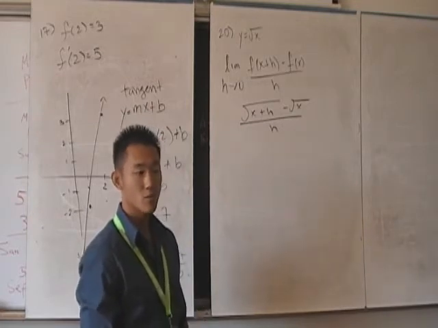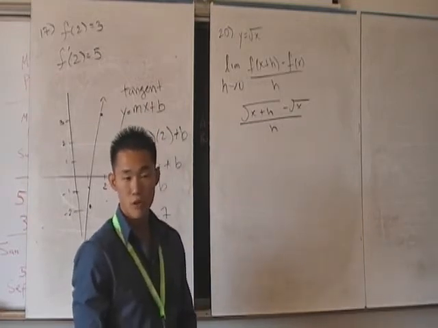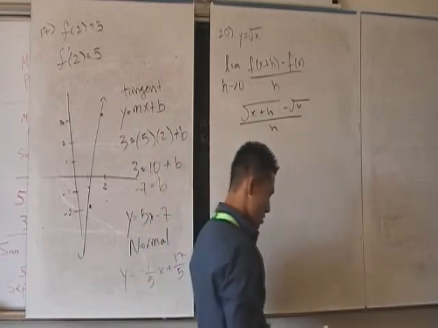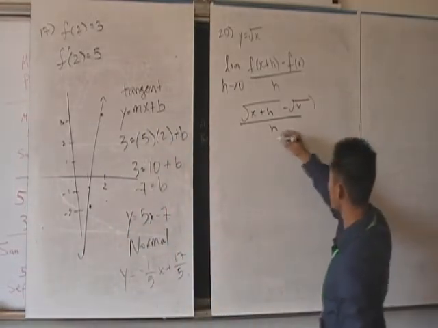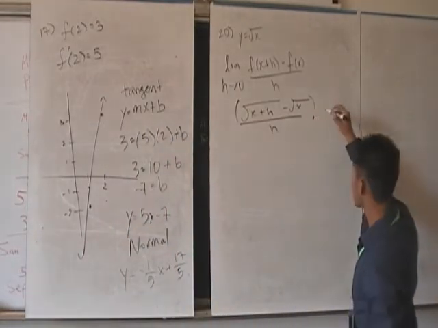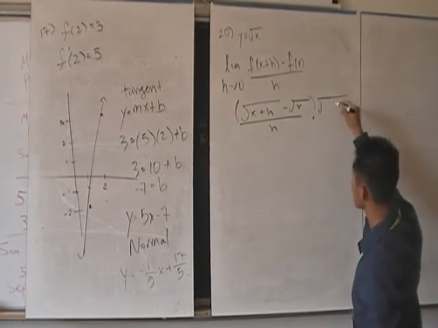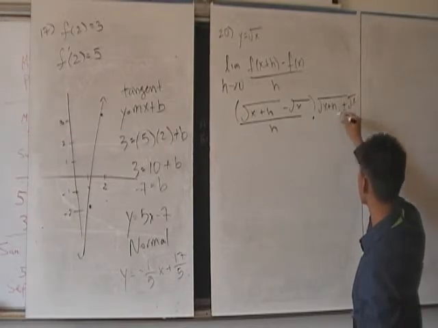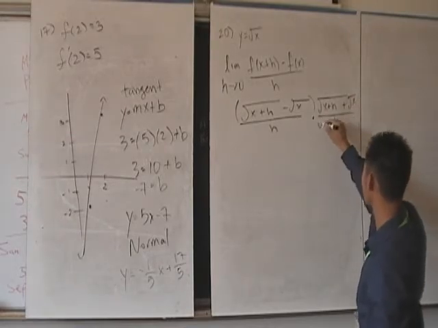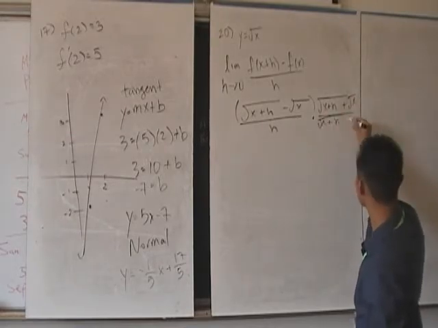You always multiply by the conjugate when you're dealing with square roots and there's nothing else you can do. That's usually going to be your next step. So let's put that in parentheses. Multiply by the conjugate: square root of x plus h, plus the square root of x, over the same.